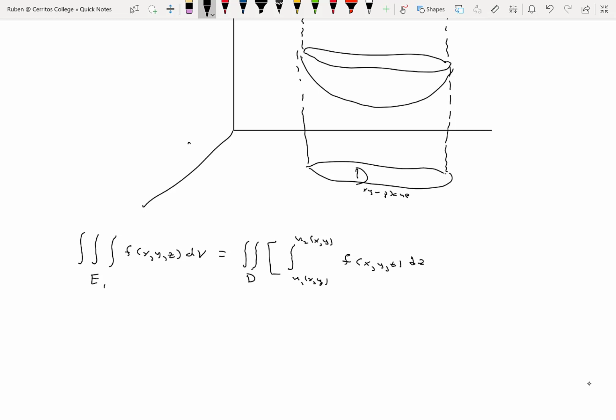So if it's a type 1 region, function on bottom, function on top, you integrate from the lower function u1 to the upper function with respect to z. Z is the direction from below to above. Then you integrate that dA doubly over whatever region in the xy plane that the solid region projects into.